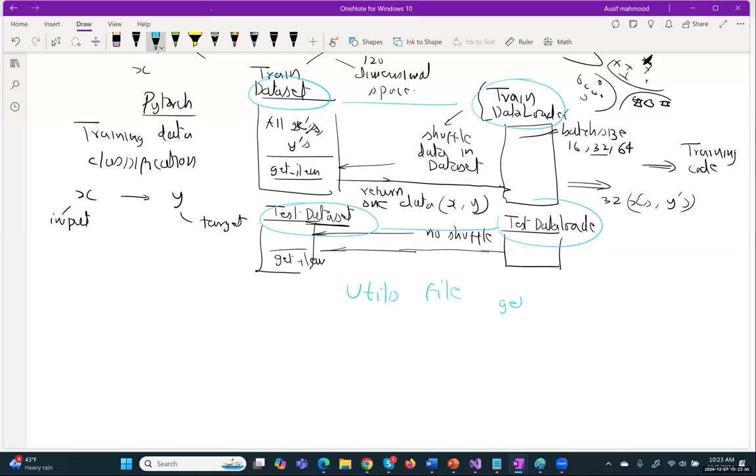I will write a function, for example get loaders, with code that, after the datasets have been created, creates the data loaders, associates them with the datasets, and at the very end returns the train data loader and the test loader so that our training code can utilize these and train our network.